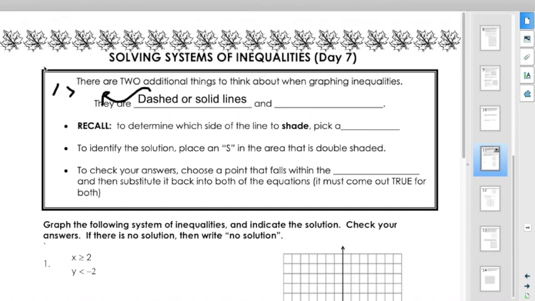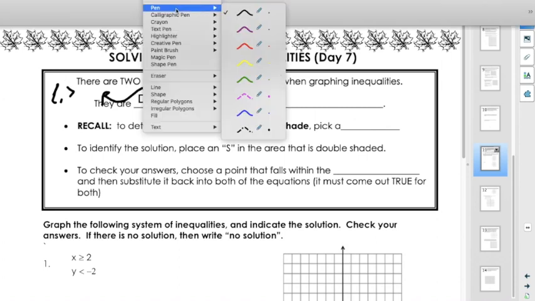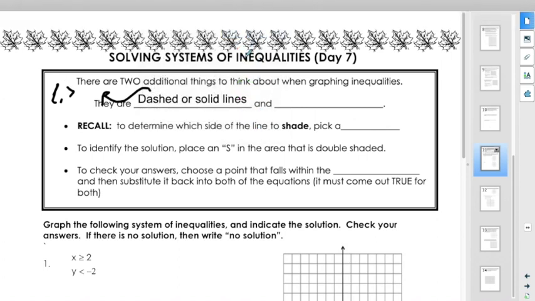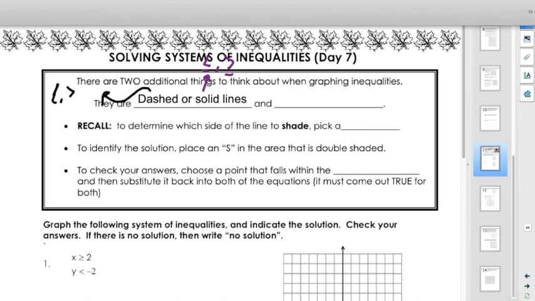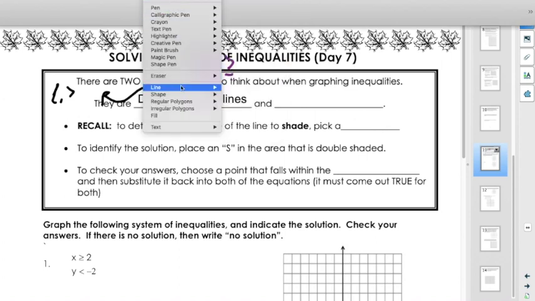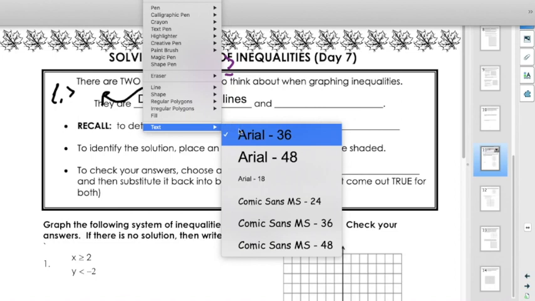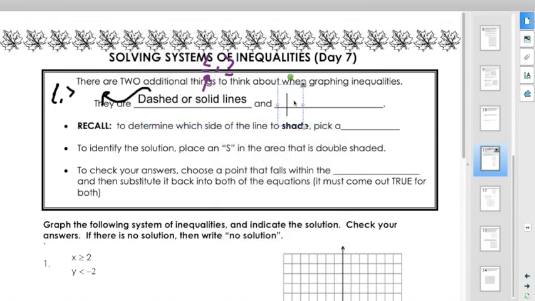I apologize. Greater than or less than. The solid lines, those are the ones where it's either greater than or equal to or less than or equal to. Okay? So we do the dashed or solid lines, and then we also have to do the shading.